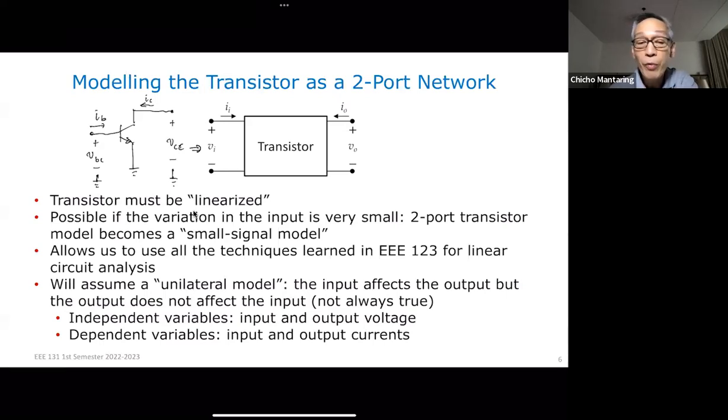In the meantime, we will assume a unilateral model, and actually the error due to this assumption will not be substantial. Okay, what are our independent variables? Our independent variables are going to be our input and output voltage. So our voltages are independent variables. And then my dependent variables are going to be my input and output currents.